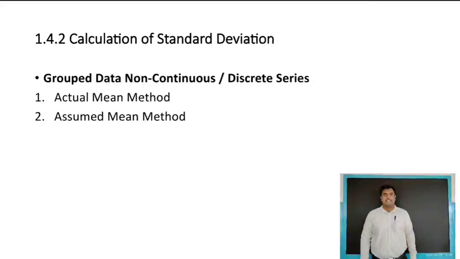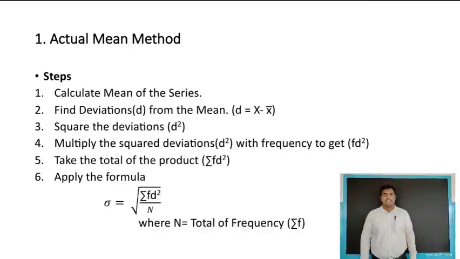Coming to the calculation of standard deviation under discrete series, there are again two methods: the actual mean method and the assumed mean method. In the actual mean method, the following steps are followed. In the first step we calculate the mean, and in the second we find out deviations, d is equal to x minus x bar. Next we square the deviations, that is we calculate d square.